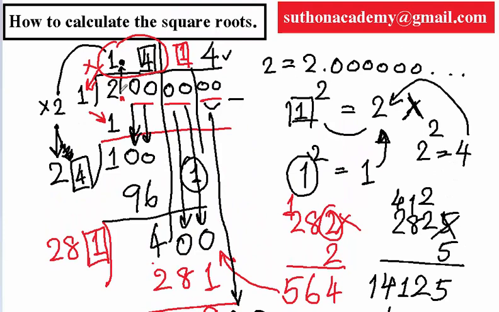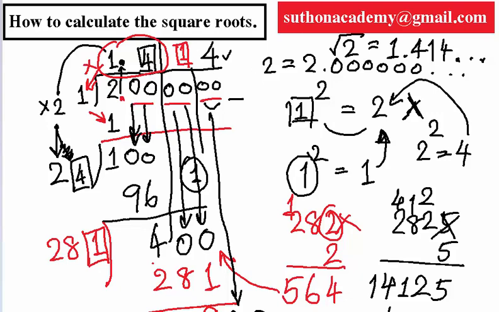So in this case, the square root of 2 equals 1.414 and so on. So you can see that finding the square root of number 2 is like this.